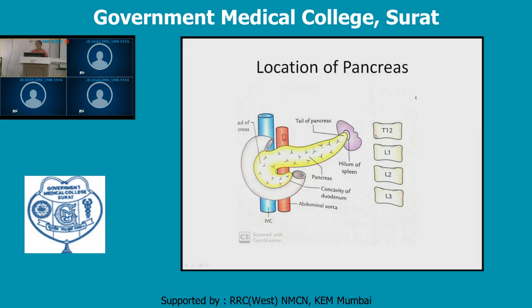You will study in the spleen that there are the gastrosplenic and lienorenal ligaments at the hilum. These are two folds of peritoneum. Lieno means spleen and renal means kidney. So the lienorenal ligament is there.